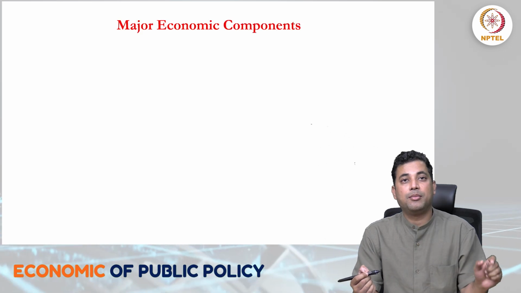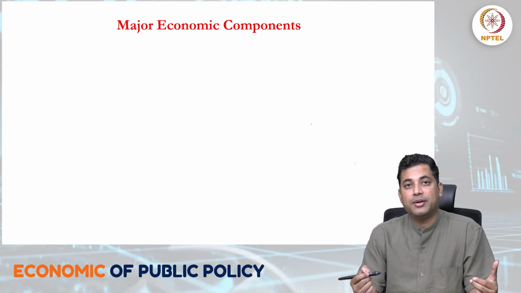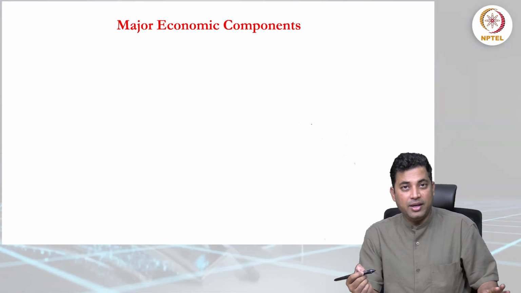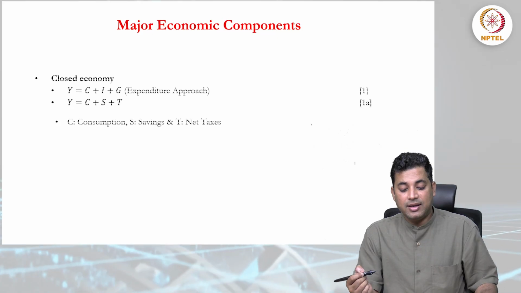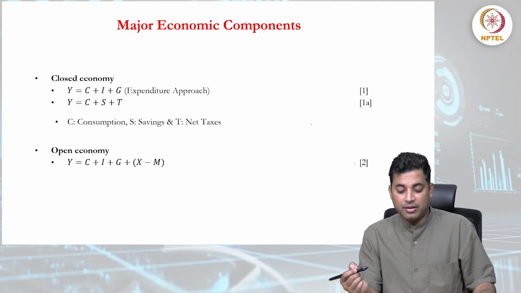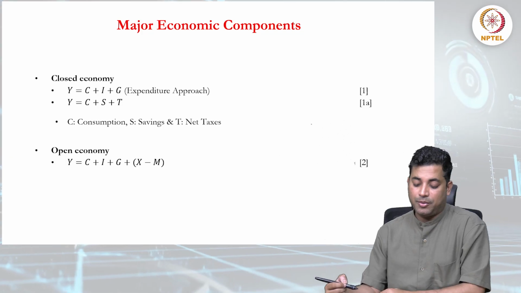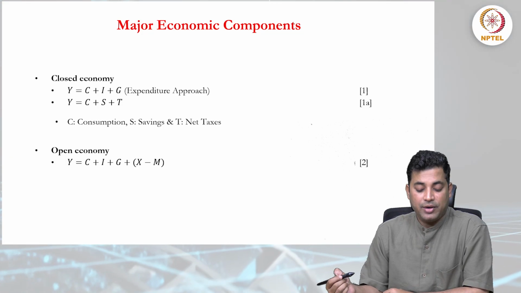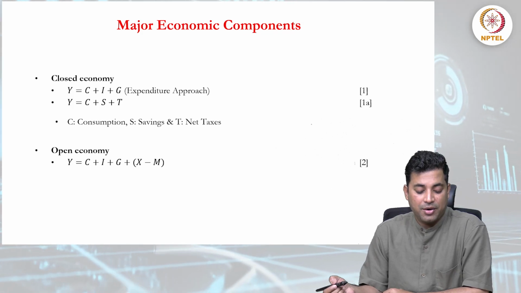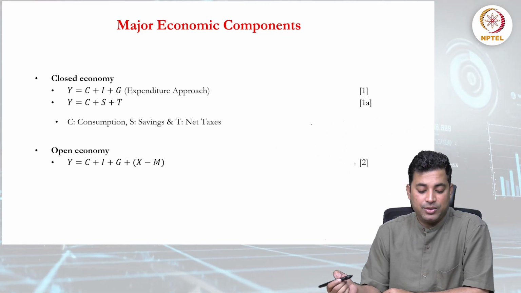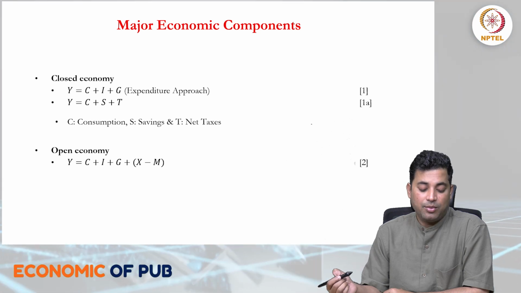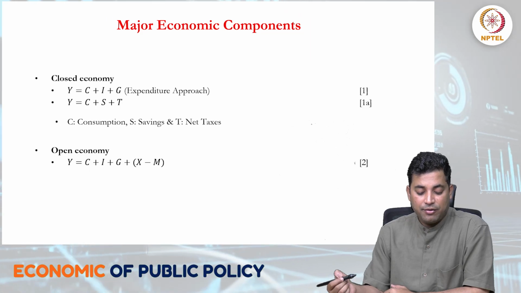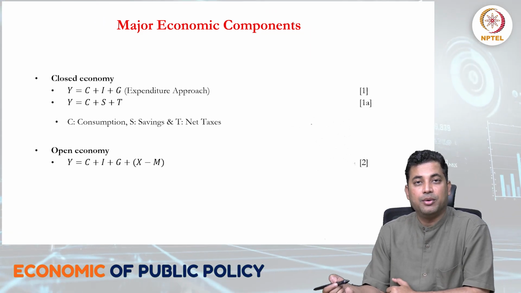So now let's move to the next, the economic expenditure components. We already introduced this in our last class, the major economic components. These two equations, 1 and 1a: in the case of a closed economy we already discussed Y equals C plus I plus G, and then Y equals C plus S plus T, which is a good way to understand the income approach.